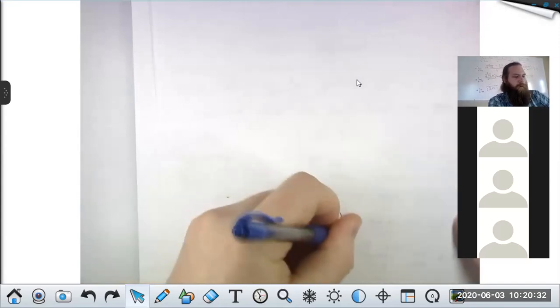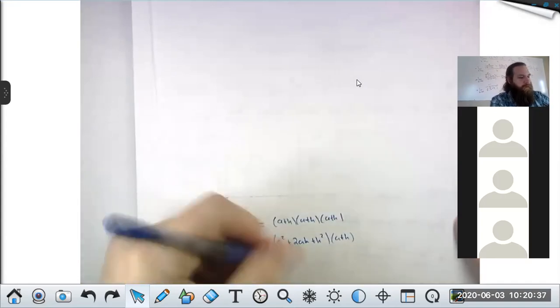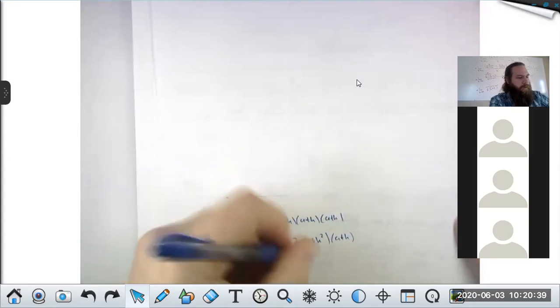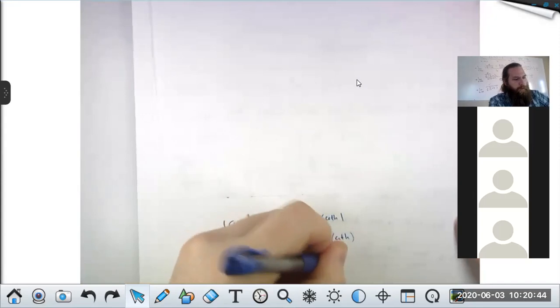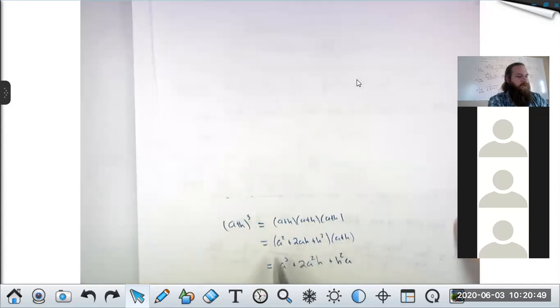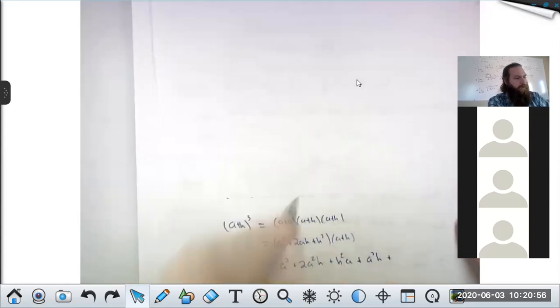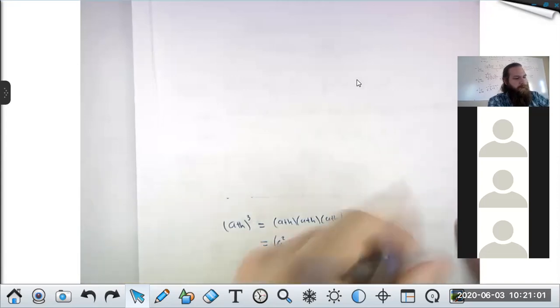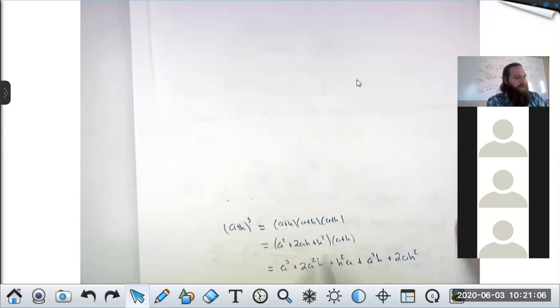And there's still one more here to distribute. So if I distribute the a across all of these, then I'll get a cubed plus 2a squared h plus h squared a. And then I distribute the h across all of these, and I get h times a squared, that's another a squared h, plus h times 2ah is 2ah squared, and then h times h squared is h cubed.